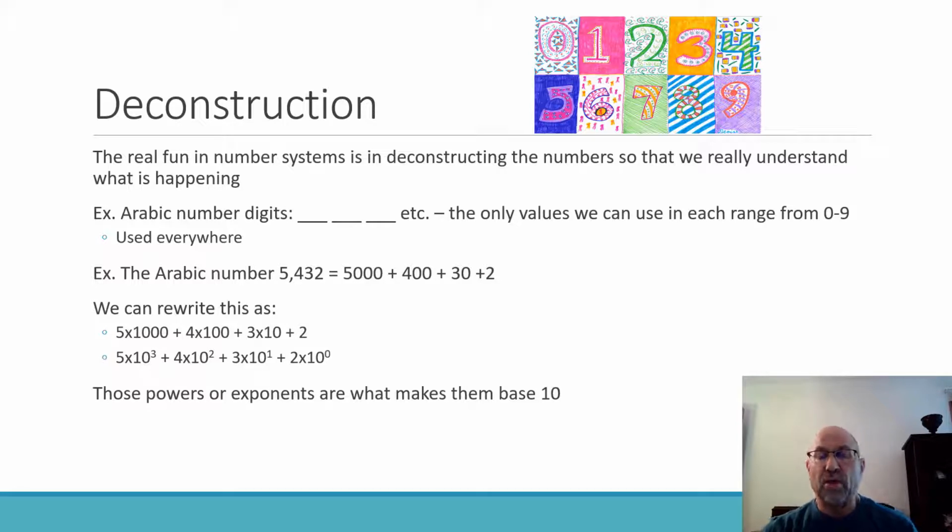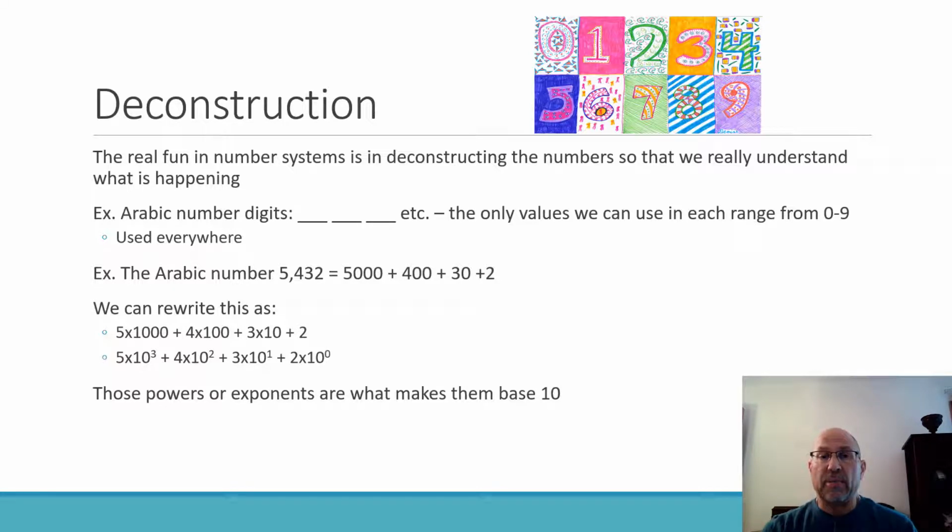Okay, well, those values can be further deconstructed and written in the form of exponents or powers of 10. So what we wind up with is 5 times 10 to the third plus 4 times 10 squared, or 10 to the second, 3 times 10 to the first, and 2 times 10 to the 0. Anything raised to the 0 power is going to be actually 1.